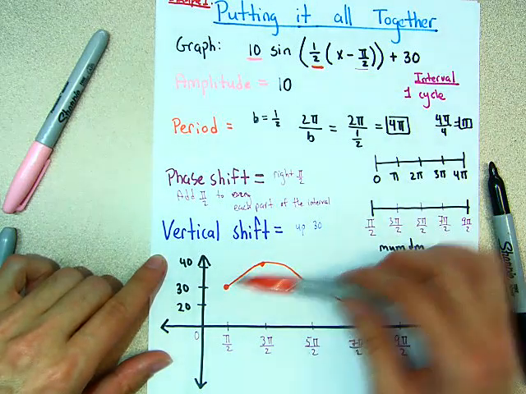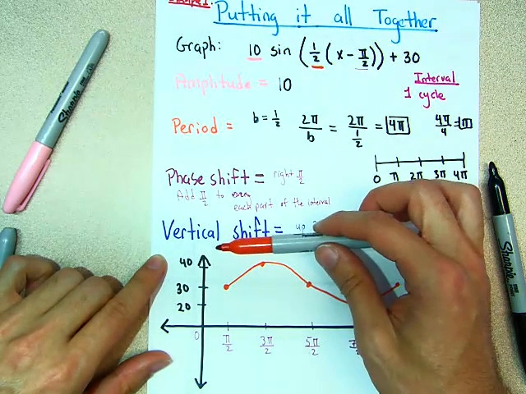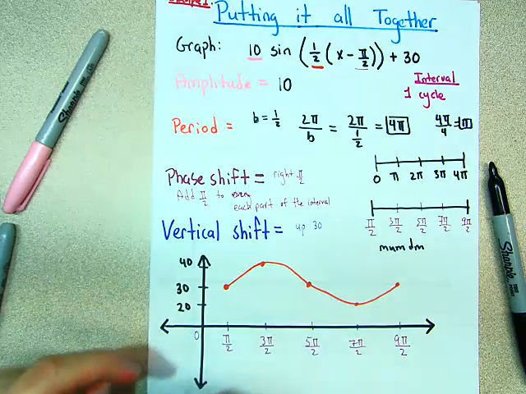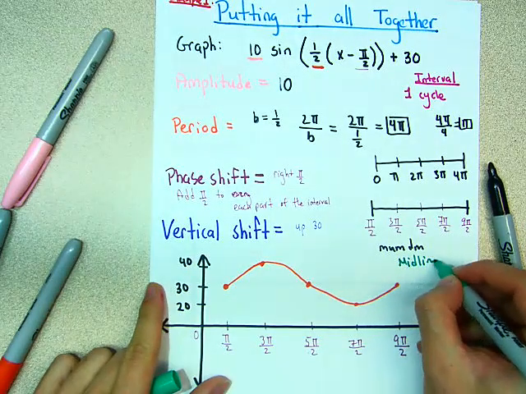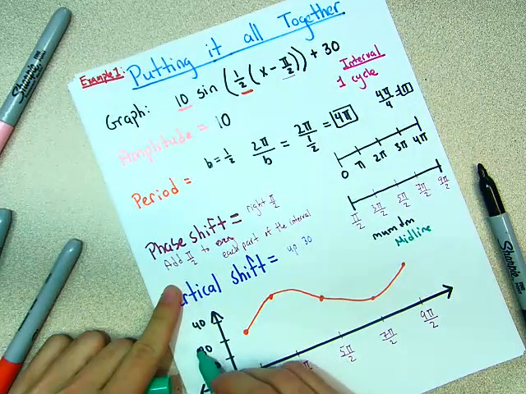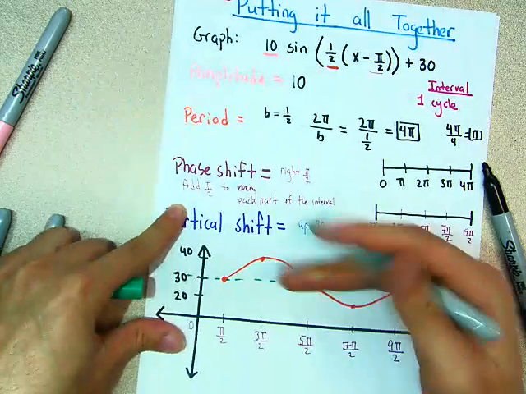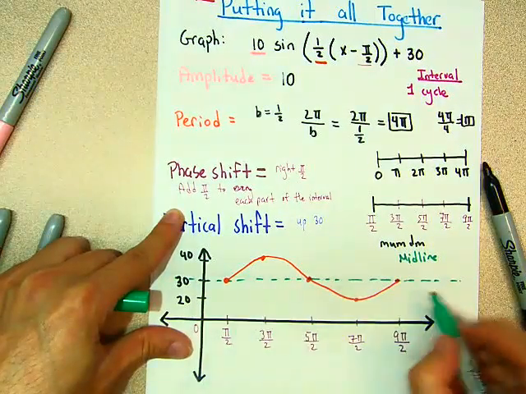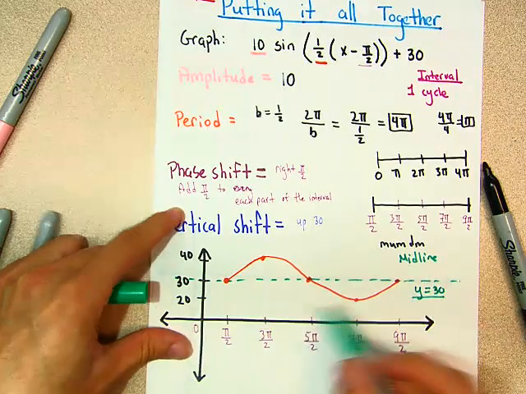Notice that we start at 30, and then this will be up 10, down 10, and then notice the midline. What cuts this in half? It's this over here. This will cut the function in half, and our midline is y equals 30, which is the graph of this line.